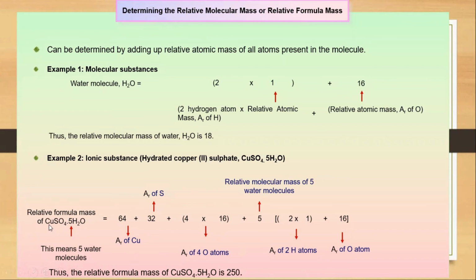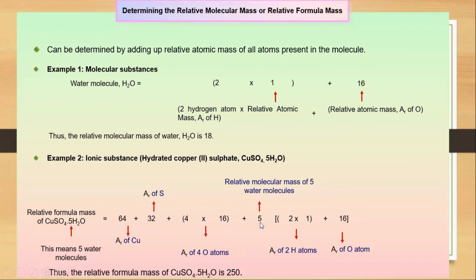Thus, copper Ar is 64, plus Ar of sulfur 32, plus 4 atoms of oxygen, and every single one the Ar is 16. So you're going to use 4 times 16, which you're going to get 64 here.